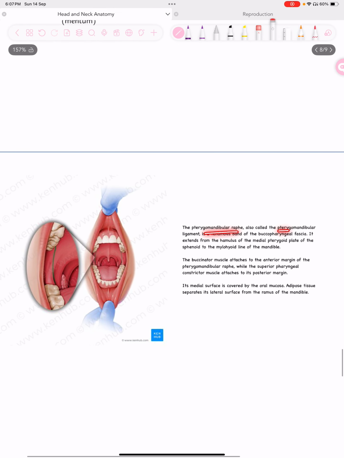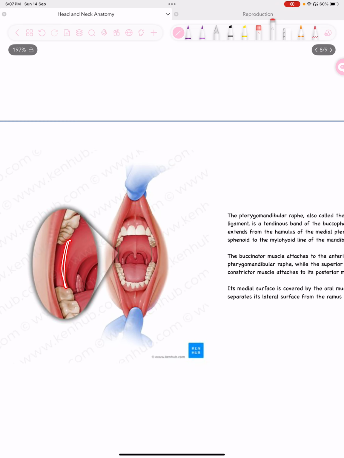Pterygomandibular raphe, also called pterygomandibular ligament, is a tendinous band of buccopharyngeal fascia. It extends from the hamulus of the medial pterygoid plate of the sphenoid to the mylohyoid line of the mandible. So see mylohyoid line. From sphenoid to mandible, it extends. So it's basically a tendinous band of buccopharyngeal fascia. Here, when you open your mouth, you'll see right here, that's the pterygomandibular raphe.